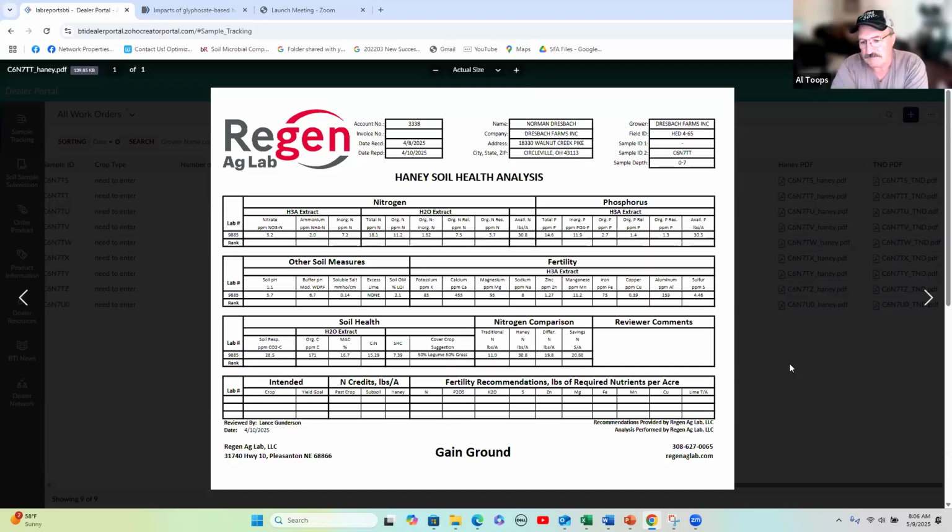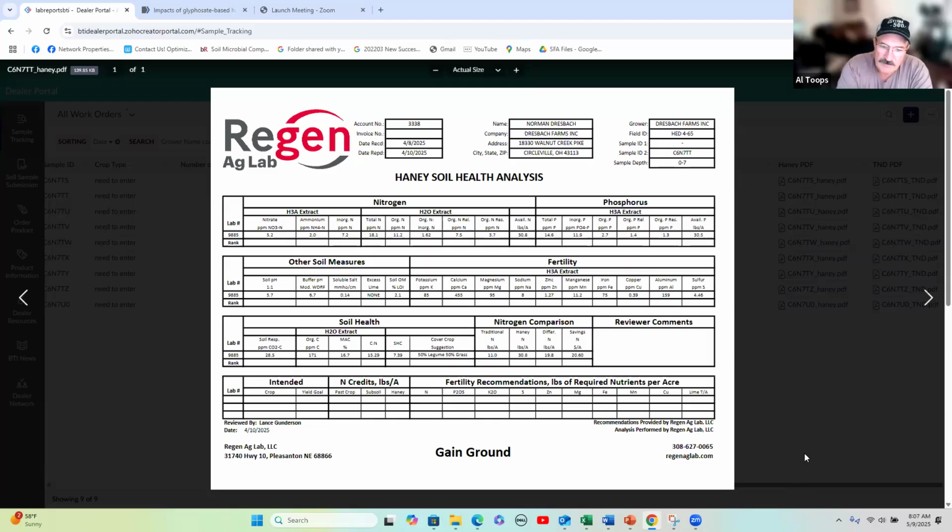He's building a tool. Lance is getting to the point now where he's getting so many of these reports, he doesn't have a lot of time to go over them. Now he is doing, you'll see they'll have recommendations on the report, and you can ask for those, and he'll put them in here. But these are all generated through a formulation.